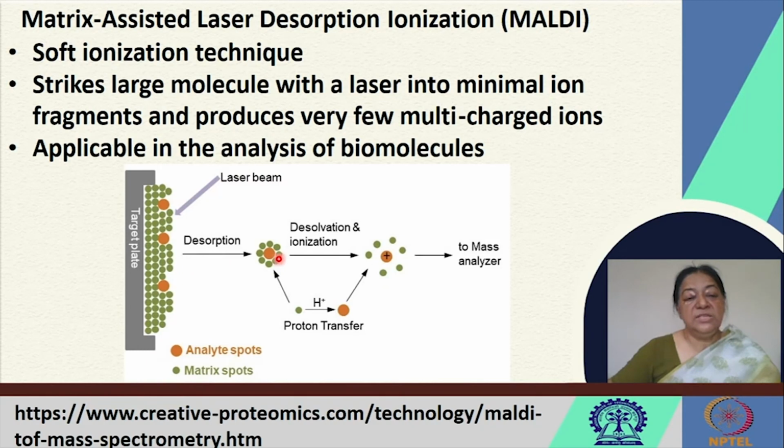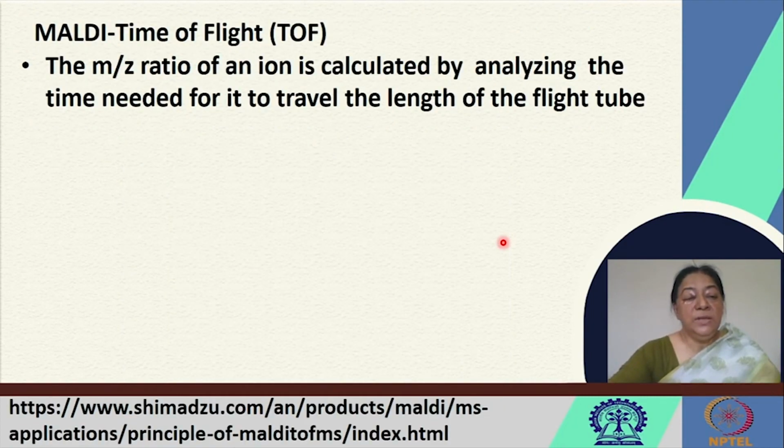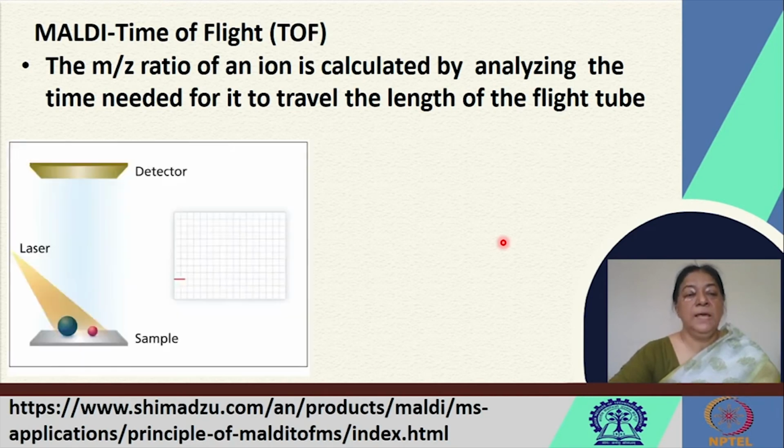Then there is desolvation and ionization, proton transfer leading to a mass by charge ratio that then moves on in the TOF technique, the time of flight, to the mass analyzer and the detector. So in the MALDI time of flight, the m by z ratio of an ion is calculated by analyzing the time needed for it to travel the length of the flight tube.